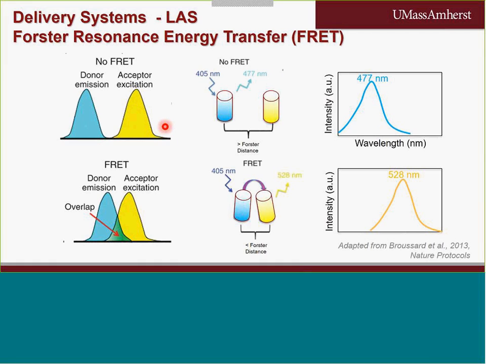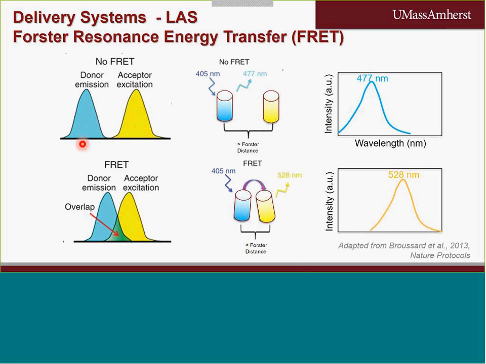The spectrum of the emission of the donor has to overlap with the excitation of the acceptor. If they don't overlap, you don't get FRET, but if they overlap and the probes are close enough, you will have emission from the acceptor instead of having emission from the donor.